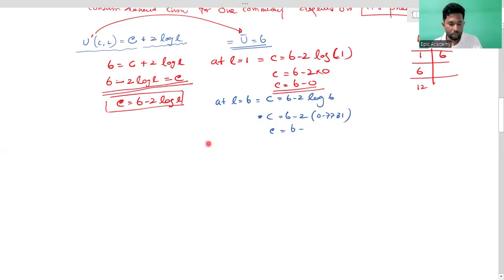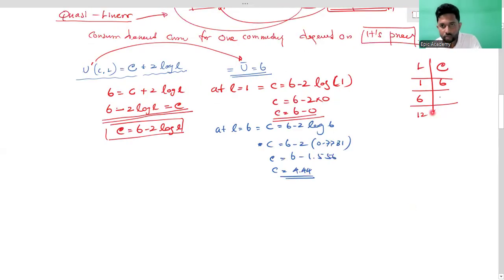It becomes 1.555, something like that. So C equals 6 minus that value, it becomes 4.44. Then here you can put that value.